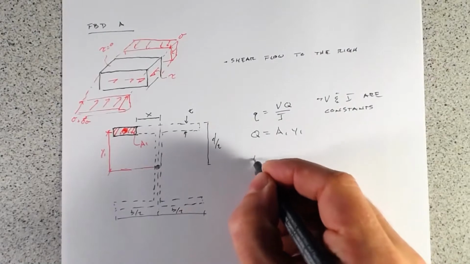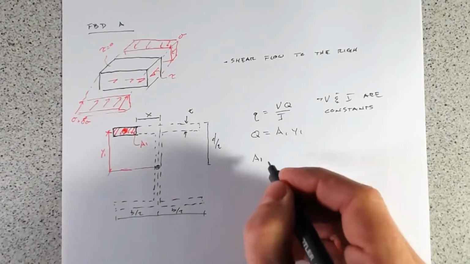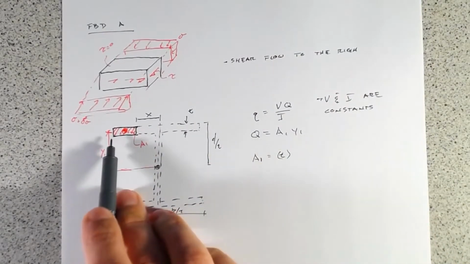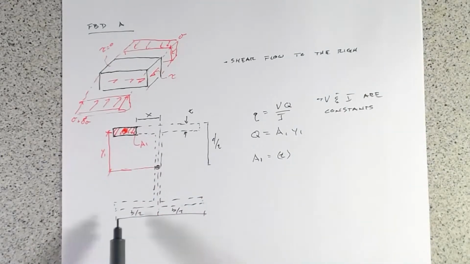So A1 is really going to be the thickness. So A1 equals the thickness T times this distance. And so this distance is just going to be B over 2 minus x.